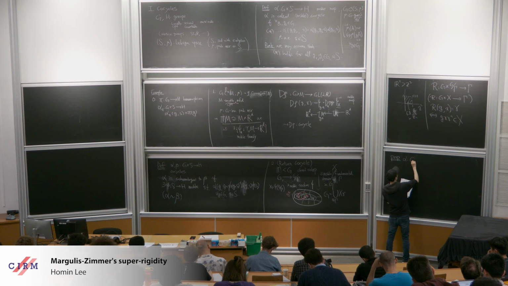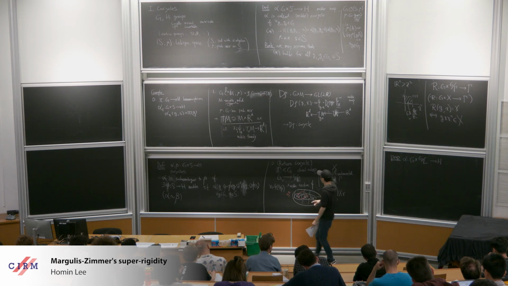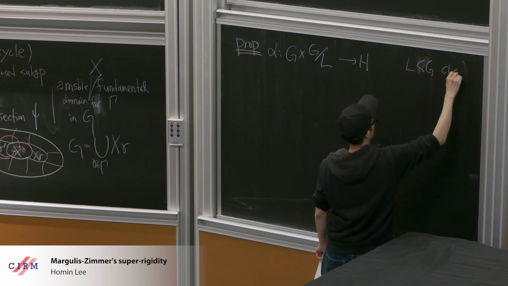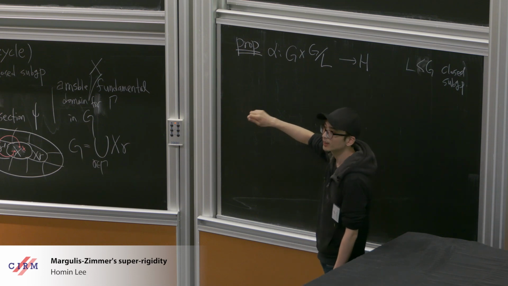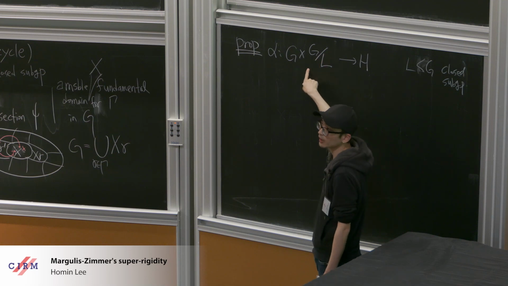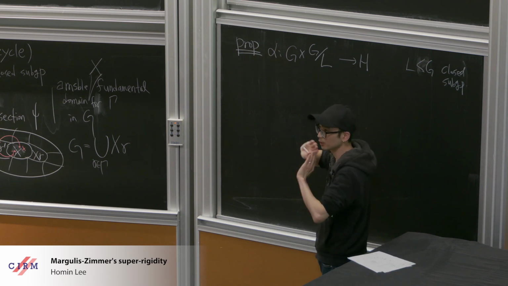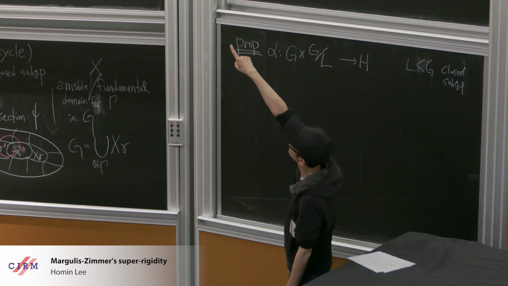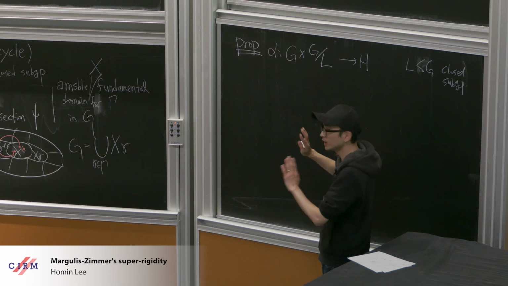So if you have a cocycle to H, where again L is the closed subgroup, let's just ignore the measure, and assume that this alpha satisfies the cocycle equation star for every point. So you don't need to think about the measure at all. This is a measurable map, satisfying the star for every g1, g2, and s in the coset space. So this is the cocycle.